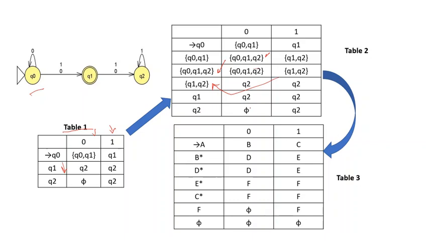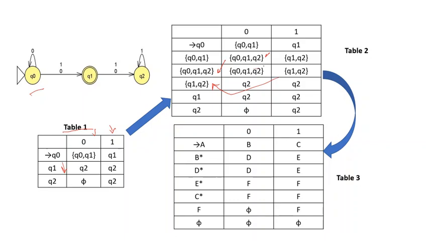Then Q2 goes to phi taking 0, and Q2 goes to Q2 taking 1. So all possible states are generated from table 1 to table 2.